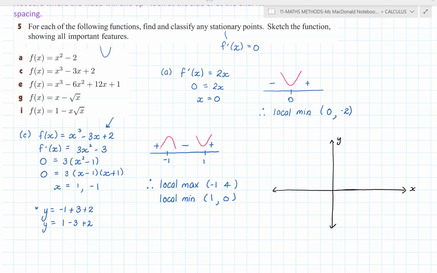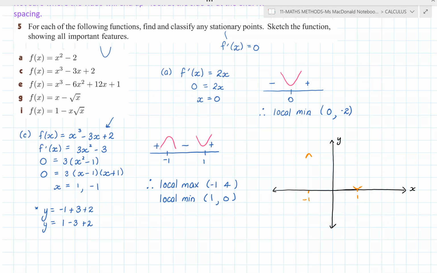Okay, axes miraculously appeared. You need to make sure that you draw them with a ruler, please. So at 1, 0, we'll just exaggerate a little bit, we've got a minimum, so it's sort of going to go like that. And then at minus 1, 4, we've got a maximum. Okay, so it's sort of going to go like that.